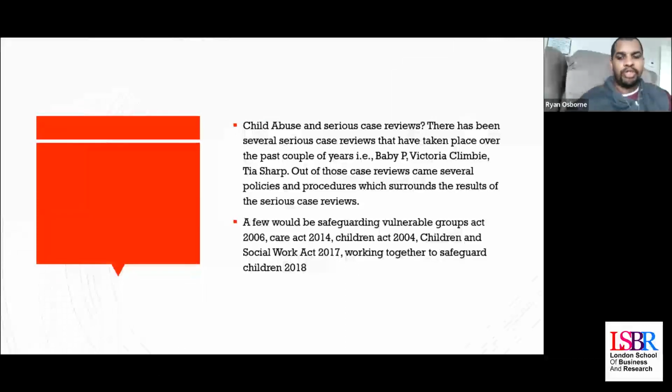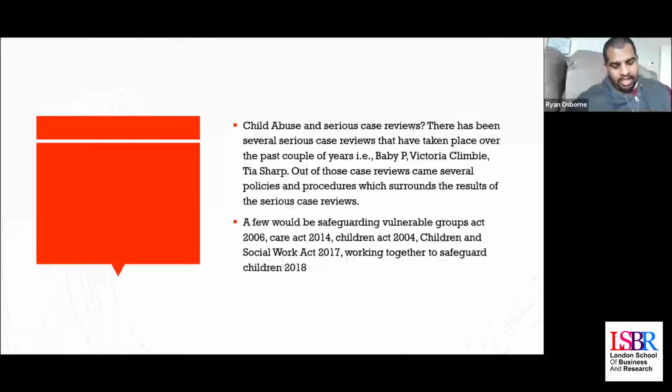It added more to it. The reason being is that when Lord Laming made his inquiry into the Victoria Climbié case, he brought in certain recommendations that people need to do and people need to work with as well.